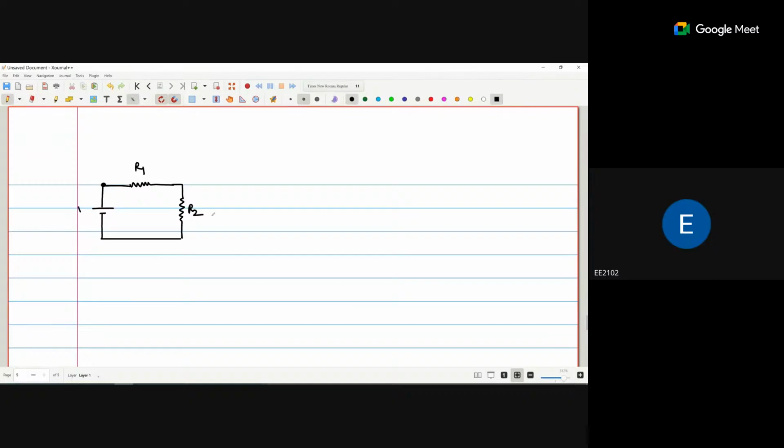Here is the voltage VR1, and here is the voltage VR2. So the overall voltage V is equal to VR1 plus VR2.